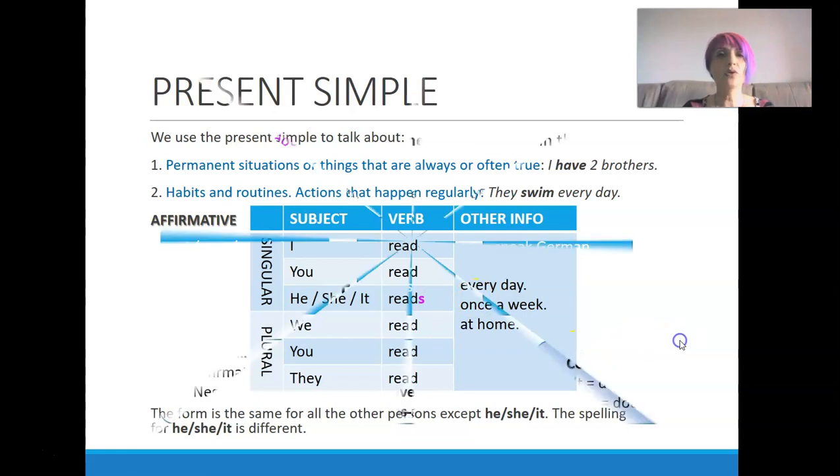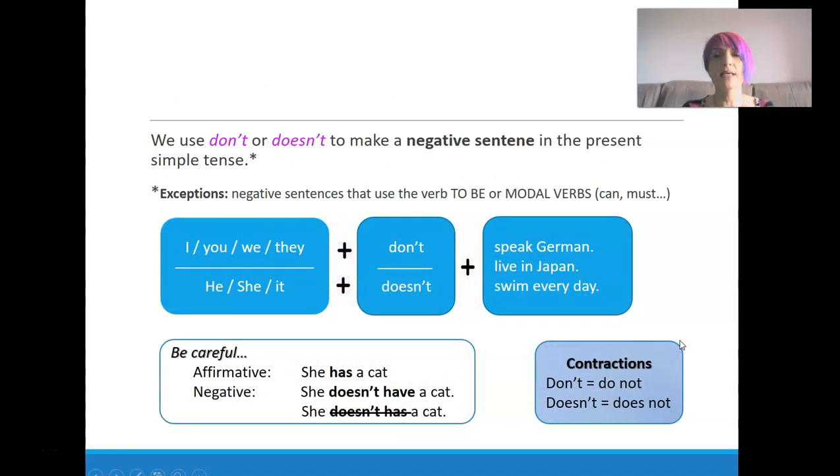Now, how do we make negative sentences? Well, simple. We always start the sentence with the subject in English. Then the auxiliary verb don't or doesn't. If it's the third person singular, we need the S, right?